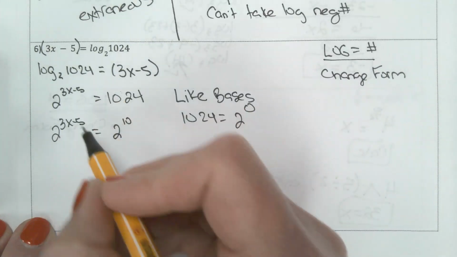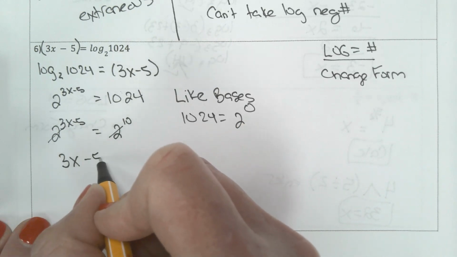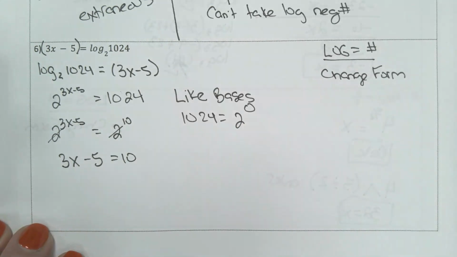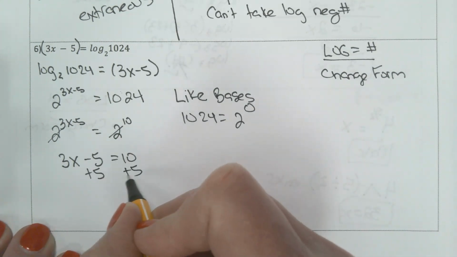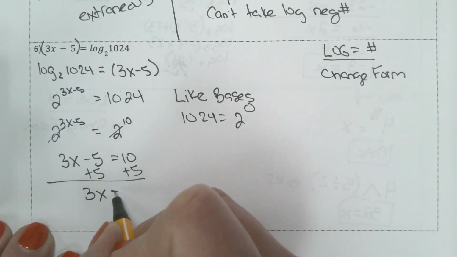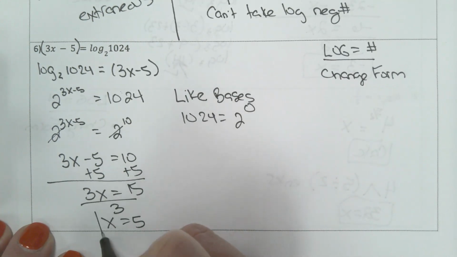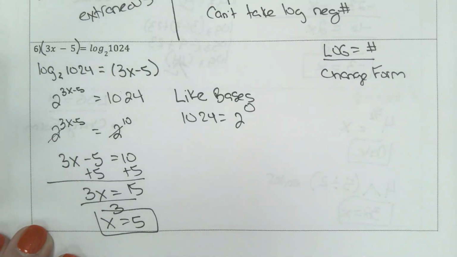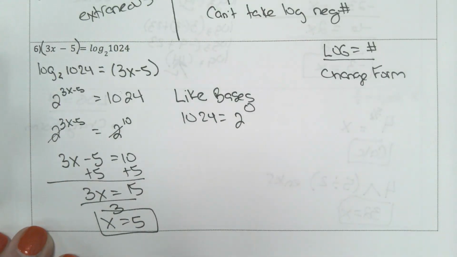My bases are equal, so you're going to drop them and set your exponents equal. Now I'm just going to solve. I'm going to go plus 5 to both sides. 3x is 15 divided by 3. And x equals 5.